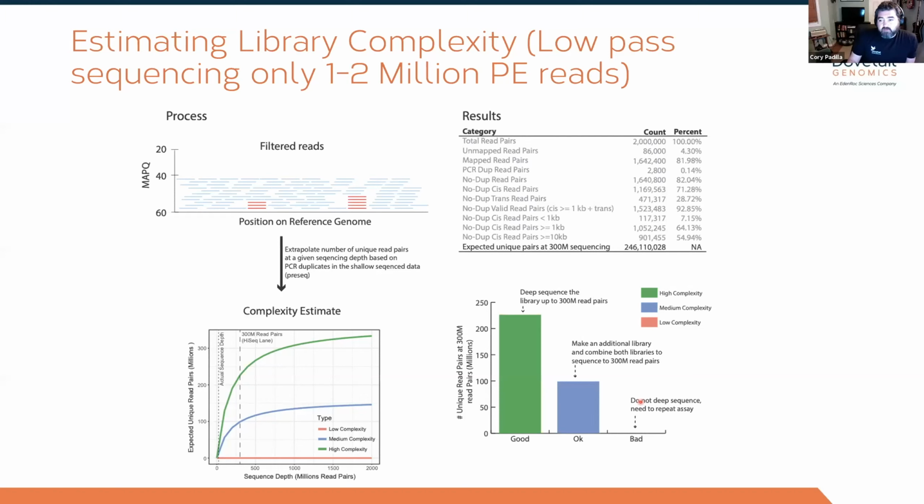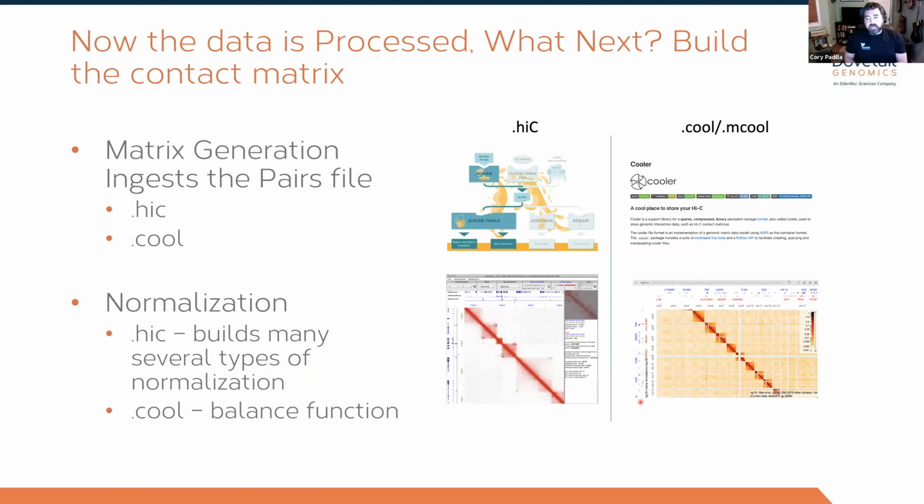So now that you have your valid pairs, you've sequenced them to the depth that you want to, now what? Now it's all about contact matrix land, right? We build contact matrices. There are actually a handful of ways to do this. The two main ones are with Juicer tools and with Cooler tools. Now, Juicer builds those .hic files that play really nicely with Juicebox.